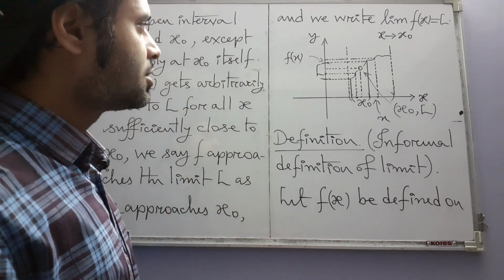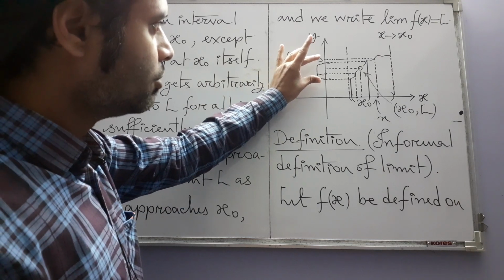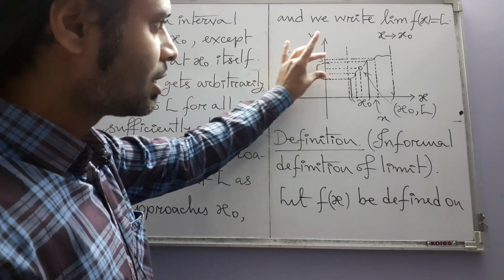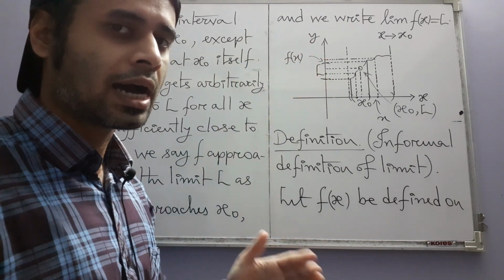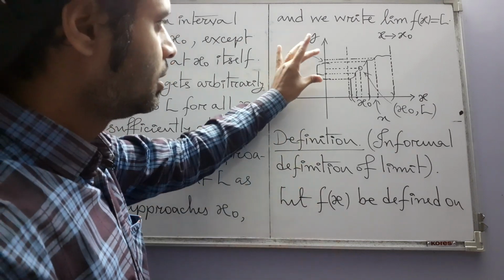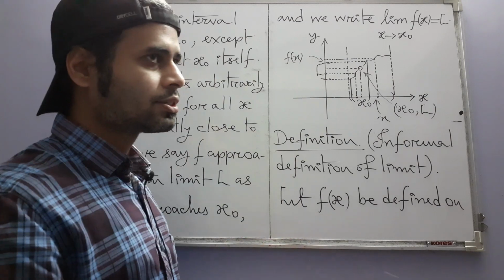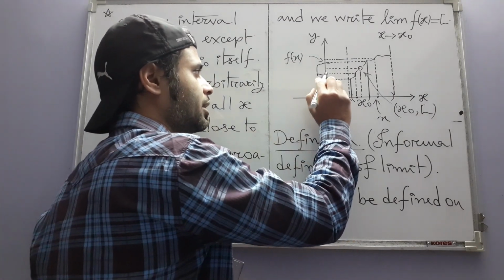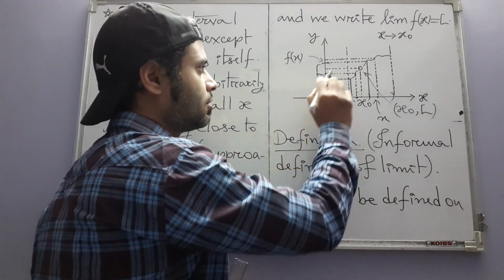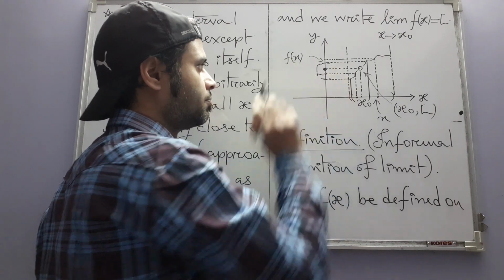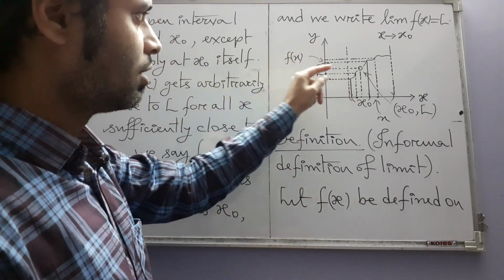And what happens is that this interval is your choice. That means how close, that is your choice. You can make this as small as possible, as small as you wish, making sure that L lies inside this. This is our L, no? L lies inside this interval.